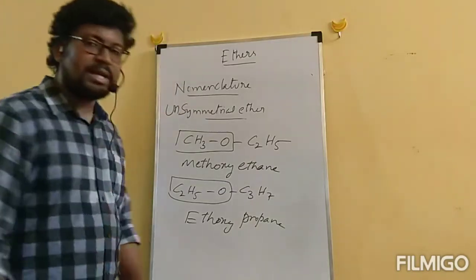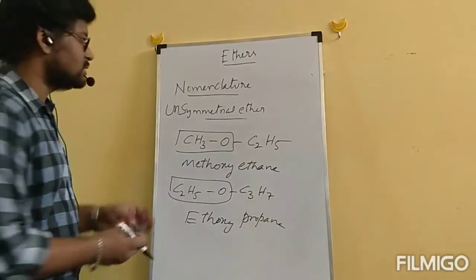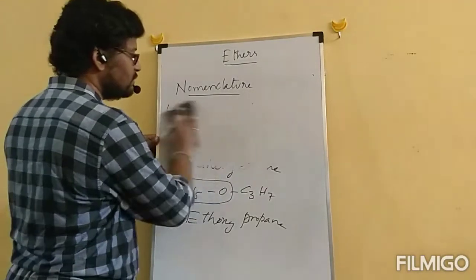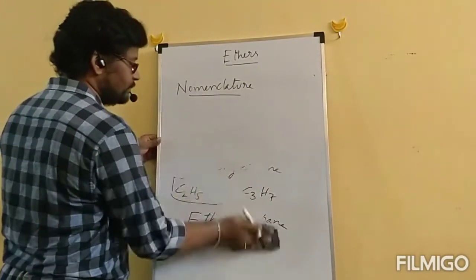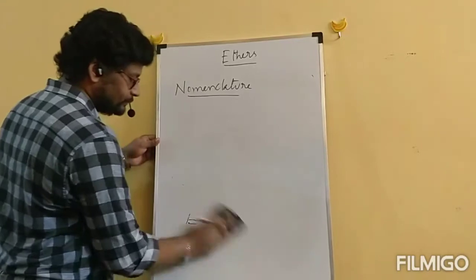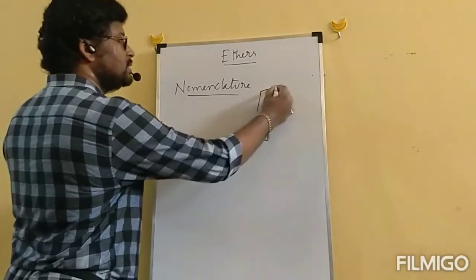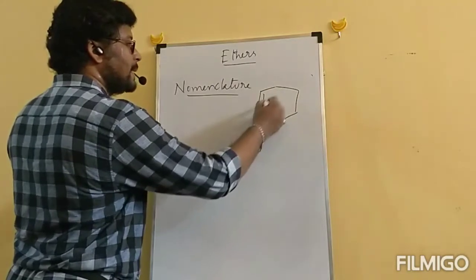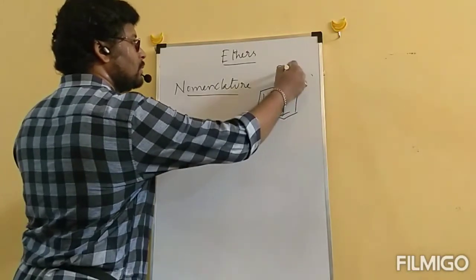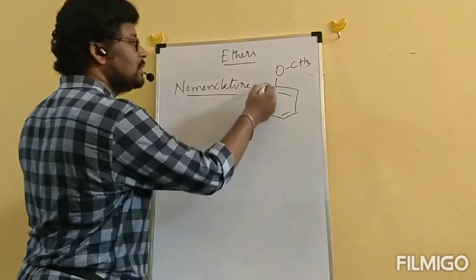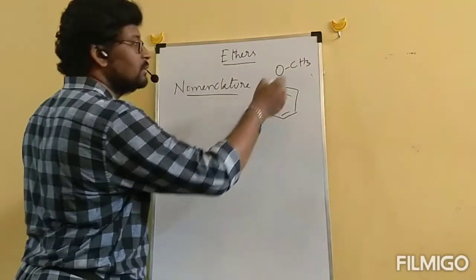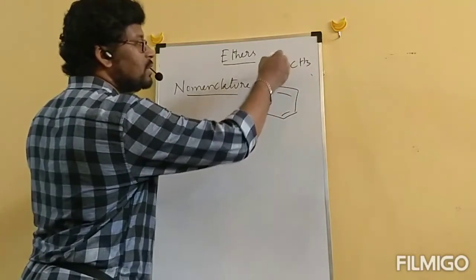In the same way, we can give names for aromatic ethers also. Let us consider one example for aromatic ether. Aromatic means an aryl group and an alkyl group are bonded to oxygen.